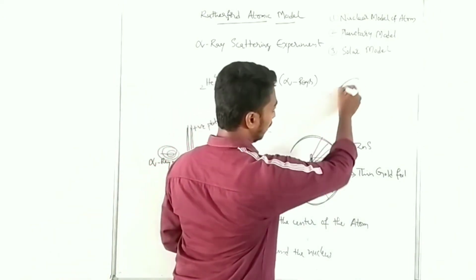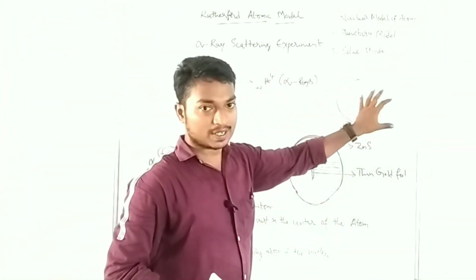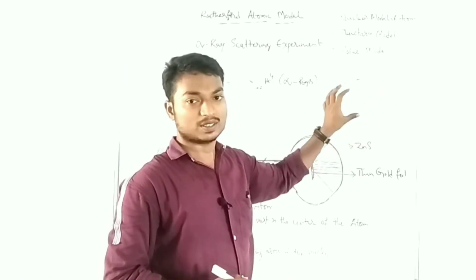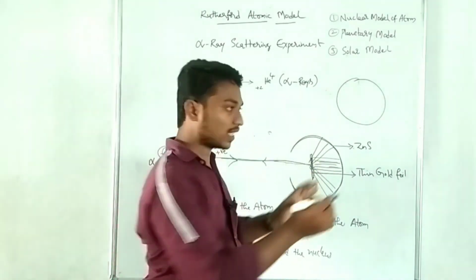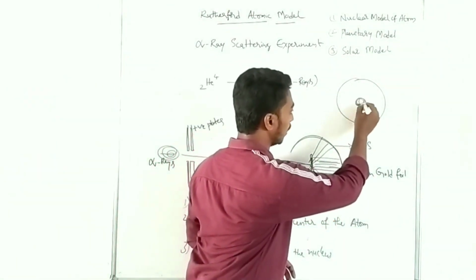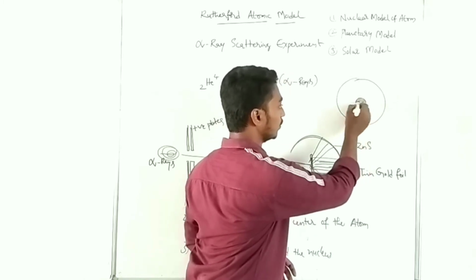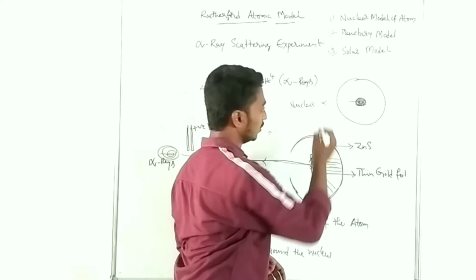If it is an atom, most of the part of the atom is empty. That means hollow. Most of the atom is hollow. The center of the atom has the positive part concentrated. This is called the nucleus.